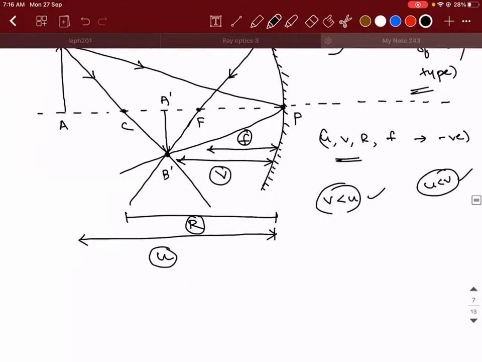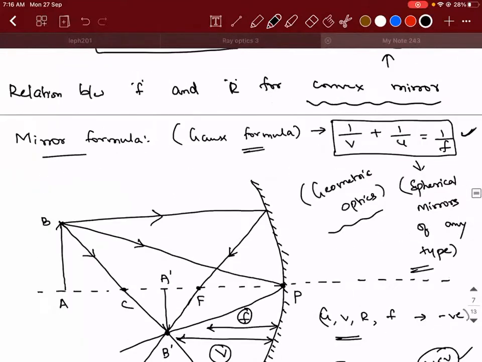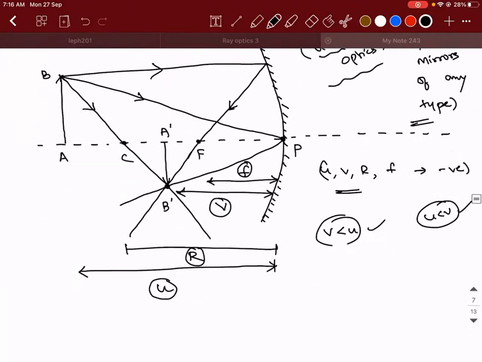Okay. Now, I told you already, it is called geometric optics. Correct? So we need to take the help of geometry. What I'm going to do is look for some right angle triangles and create a similarity between them.